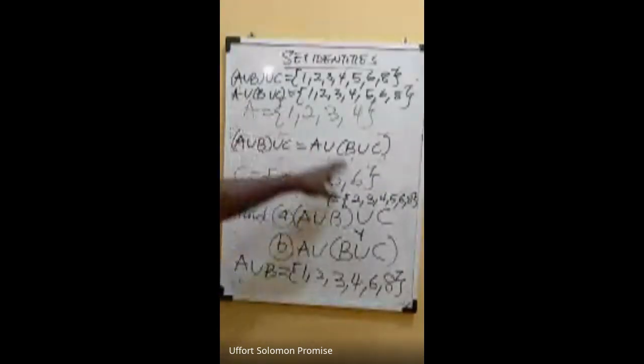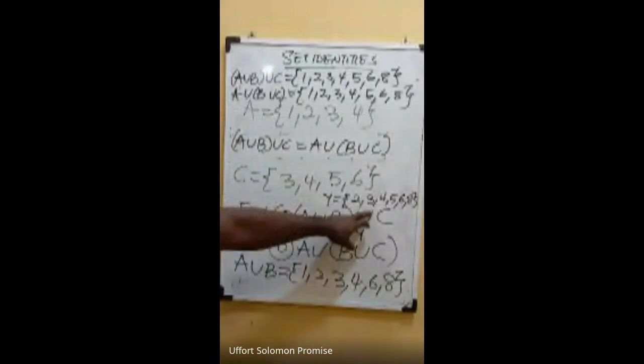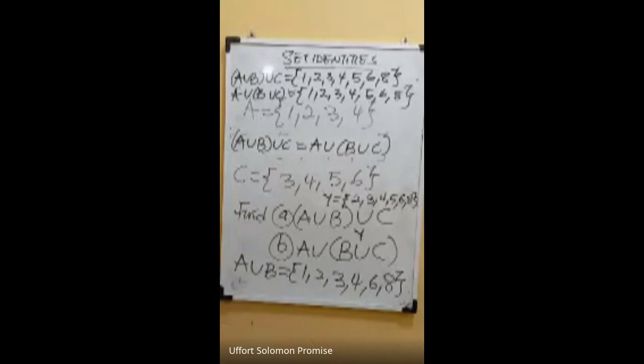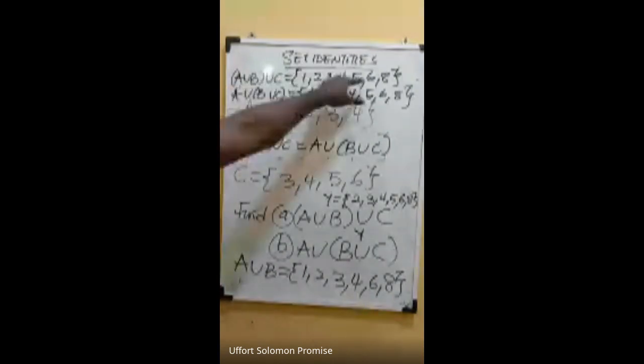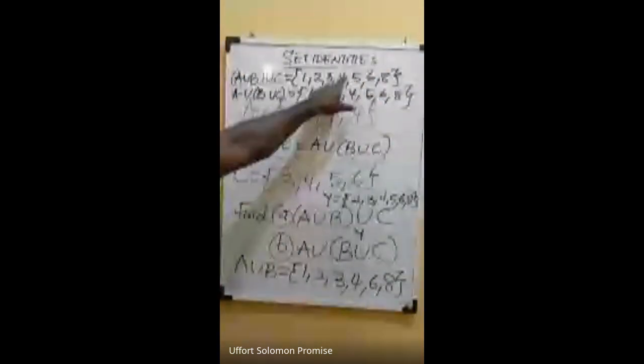You look at the elements of these two sets, then you do the same thing that you did in the other one. You start with the order 1, 2, 3, 4, 5, 6, and 8. When we found A, we got 1, 2, 3, 4, 5, 6, 8.